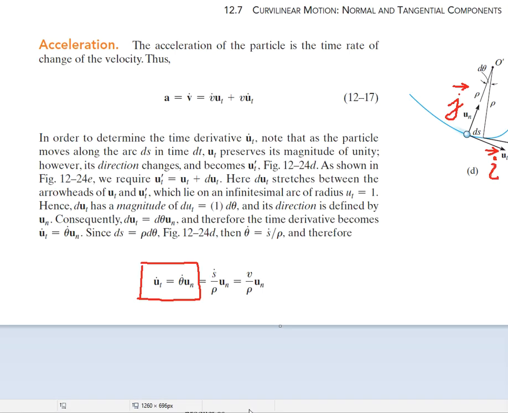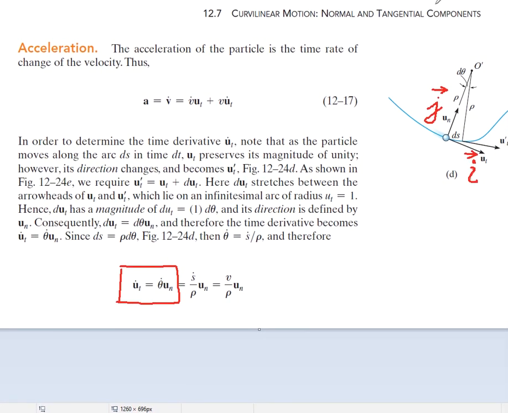We saw this when studying circular motion, or curvilinear motion using tangential and normal components, and there we saw that the time derivative of the unit vector u_t, the unit vector associated with the tangent of the path, is omega, the time derivative of theta, times the normal vector.